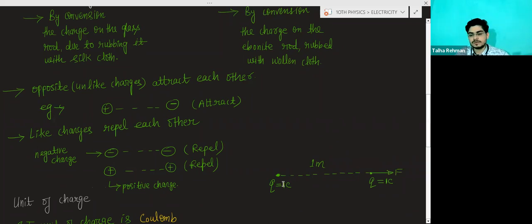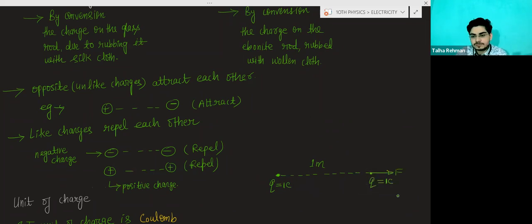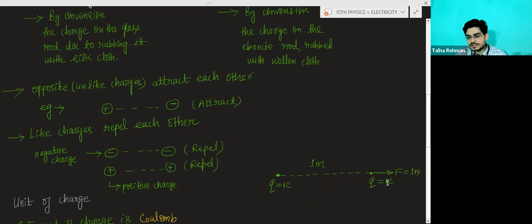Suppose this is a 1 coulomb charge. 1 coulomb is the quantity of charge applying a force of 1 Newton on a unit charge, which is placed at a distance of 1 meter.